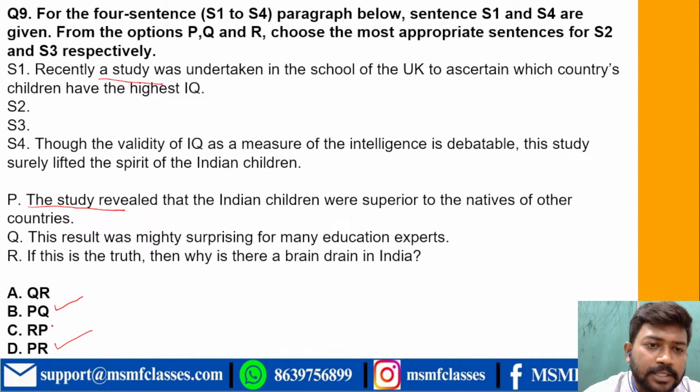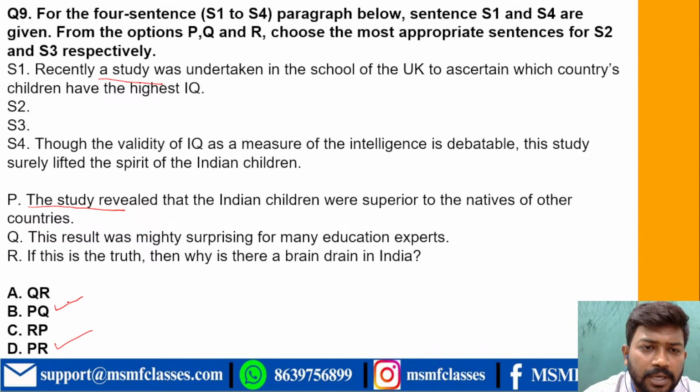Now let me find the next sentence also. The next sentence could be PQ or PR. This result was mighty surprising for many education experts, though the validity of IQ. Okay, now you can take Q as the answer.